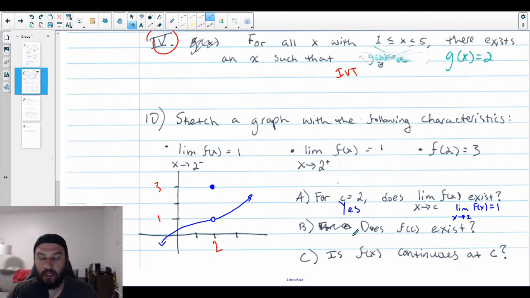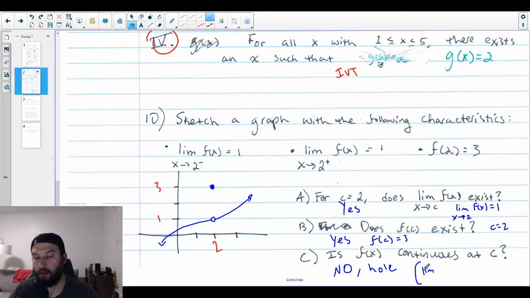Does f of c exist? Yes. By definition, f of c equals 3 because c equals 2. Is f of x continuous at c? No, there's a hole there. And we could also say that the limit as x approaches 2 of f of x is not equal to f of 2.